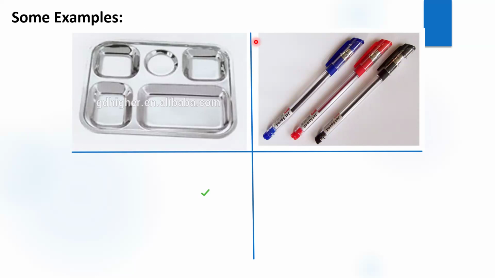Suppose this is the plate. This is my favorite, guys. Earlier there was a steel plate and we needed to carry steel bowls separately and wash those bowls, and sometimes there were chances that we could miss these bowls. We were putting names on them, doing some identification, so we had lots of problems. But one person came with this idea. I think this was developed by Vitthal Kamath first, I need to check.